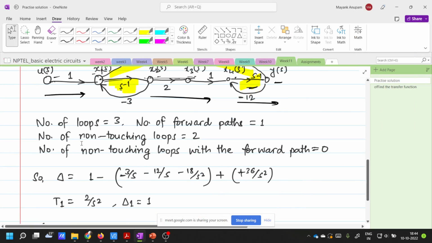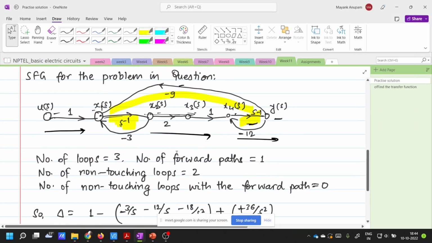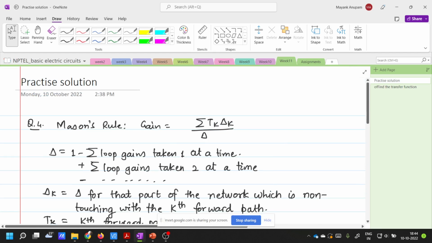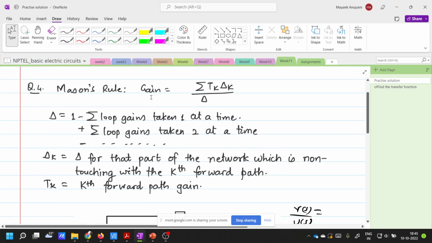Now the next thing you have to do, once you have found your signal flow graph, is apply Mason's rule, if you want to. What is Mason's rule? Mason's rule is this: if you want to find the transfer function gain from one node to another node, you simply use this formula: summation of Tk delta k divided by delta, where k represents the forward paths.